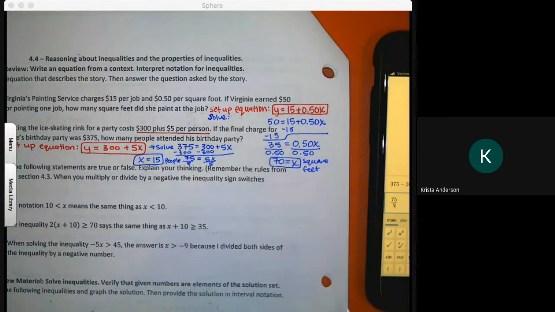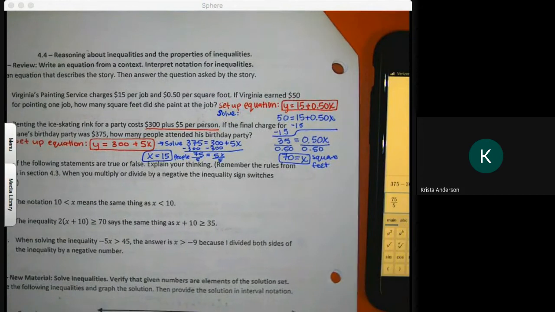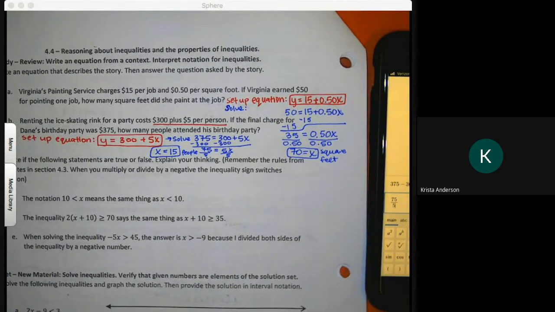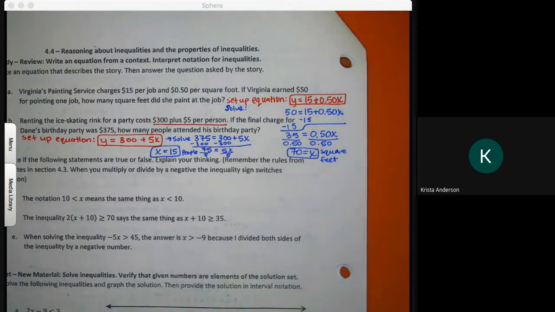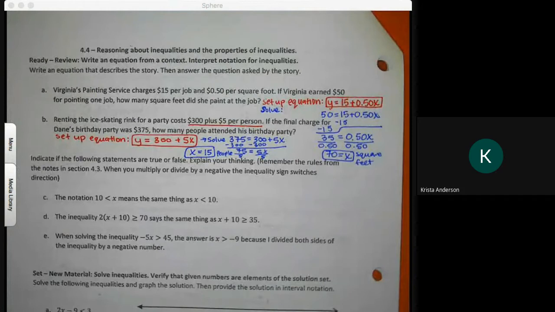That's how many people went to the ice skating rink for the party. Questions on setting up equations and solving?